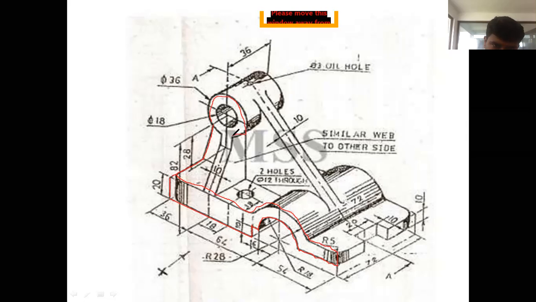This is of diameter 36. This will be seen in the front view as a straight line, and this can also be seen in the front view as a straight line from here.